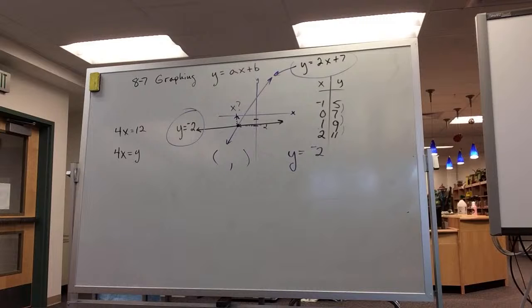Okay, so while you're in the trace function, you need to go to stat, S-T-A-T, right in the middle top, hit it once. It will read edit, calc, and tests.